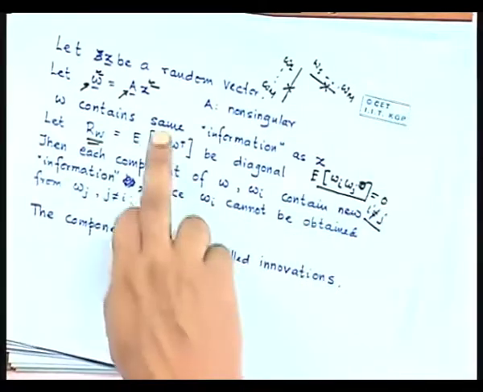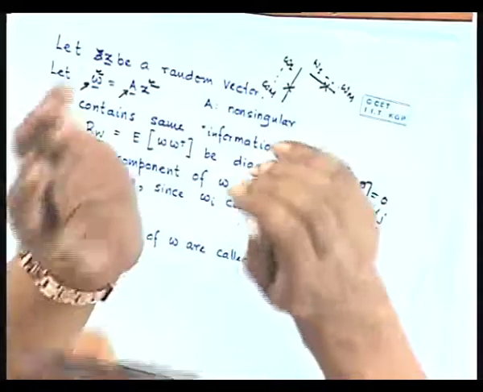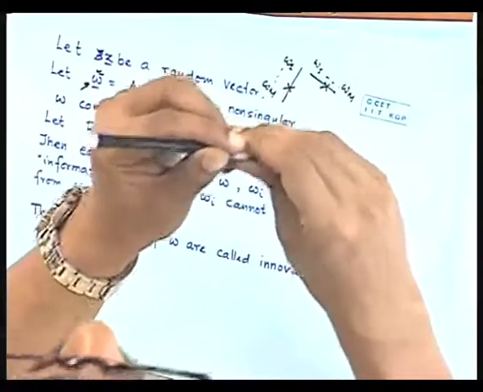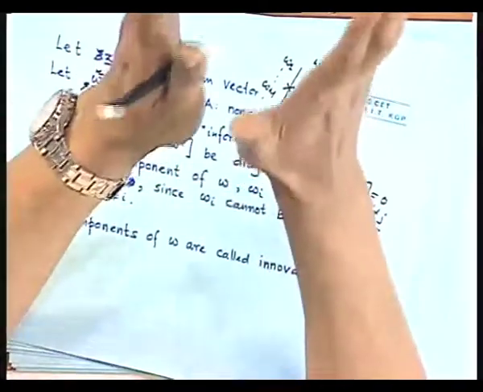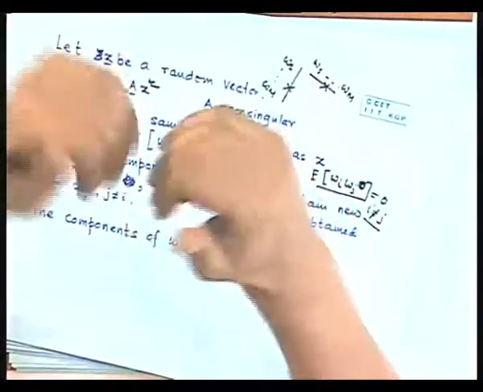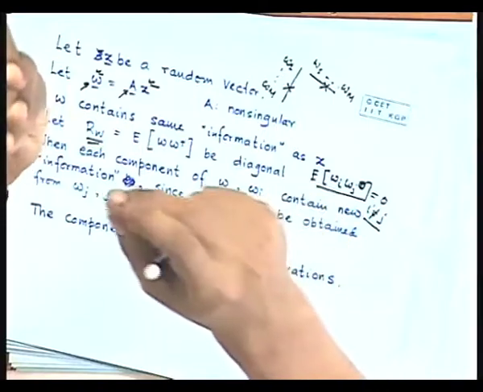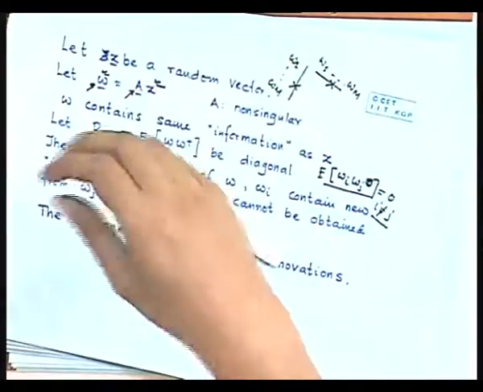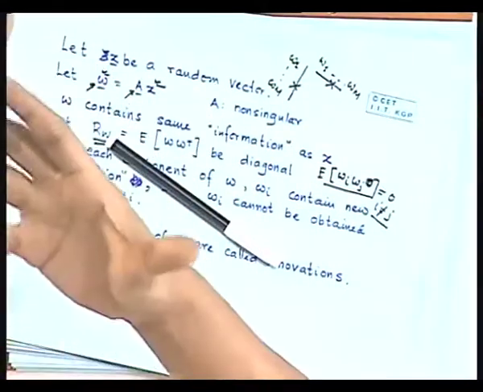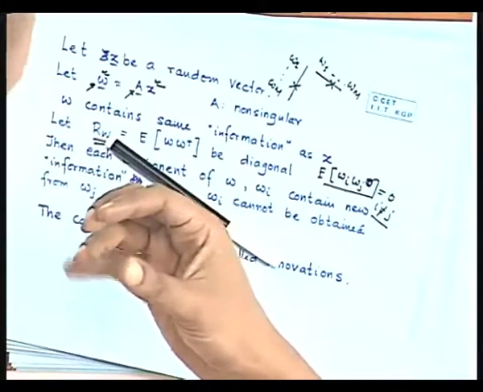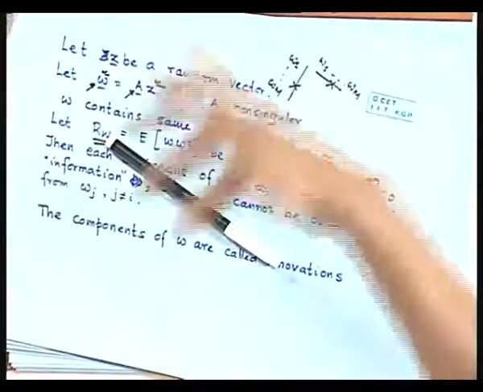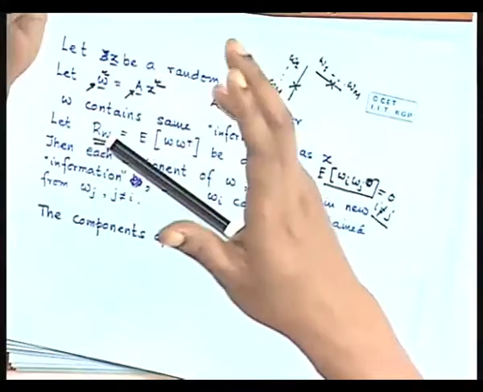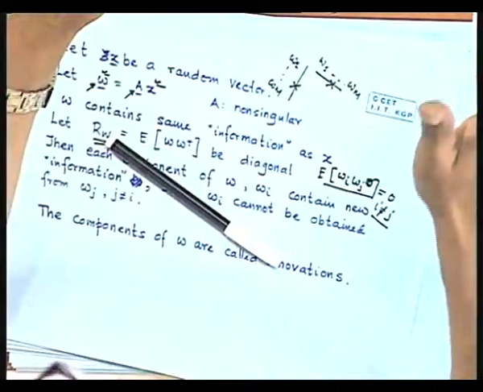That means that the elements of W are uncorrelated, which means that each component has no bearing on the other. As if each component carries some new information which cannot be obtained from the other. Whatever information Wi holds cannot be generated from Wj or all the others, because Wi has no relationship with any other Wj.